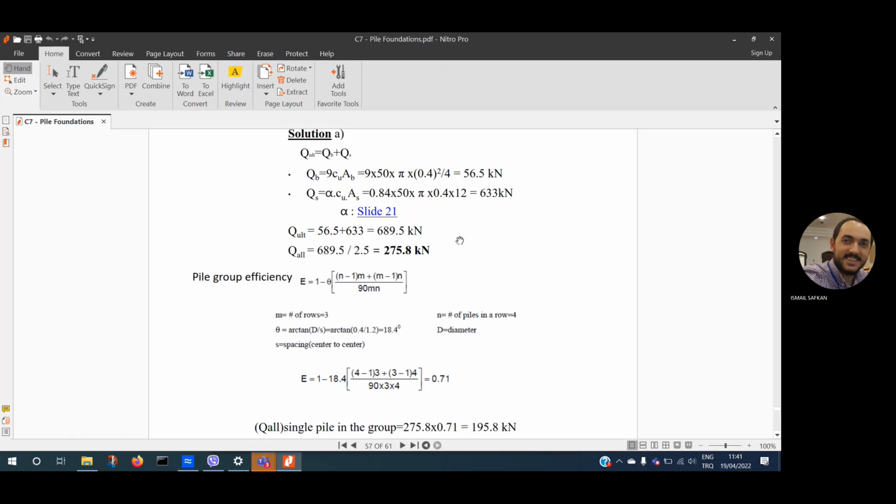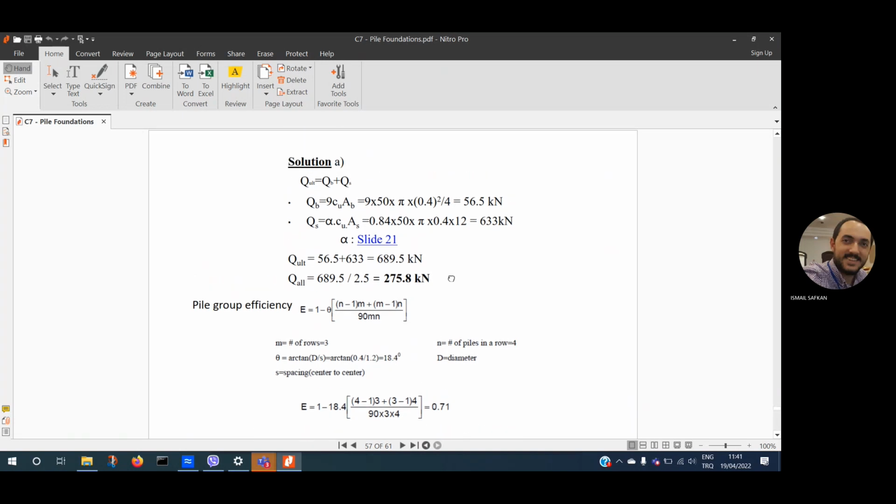Okay, so let's say we have another problem where we have the total building's weight. So I give you something like your midterm question. You will design a foundation. You will design two types of foundation in your midterm project. One will be the shallow foundation.